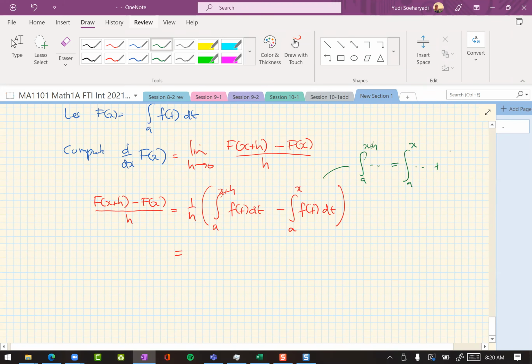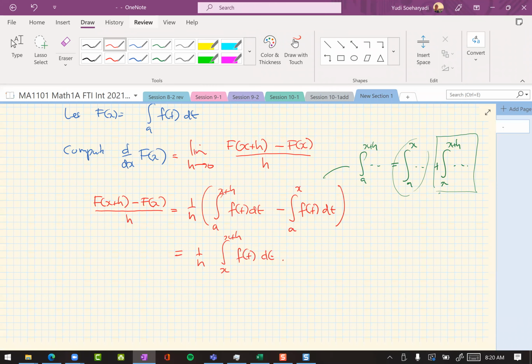And because we have additivity, the integral from a to x plus h equals the integral from a to x plus the integral from x to x plus h. So if you subtract, this is what's left, by the additivity of the intervals. Okay, so let's compute this one here.